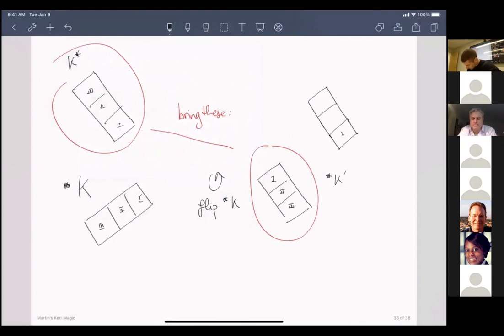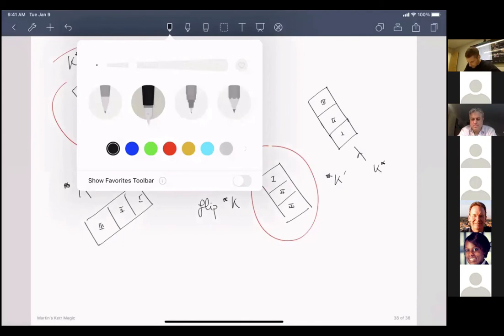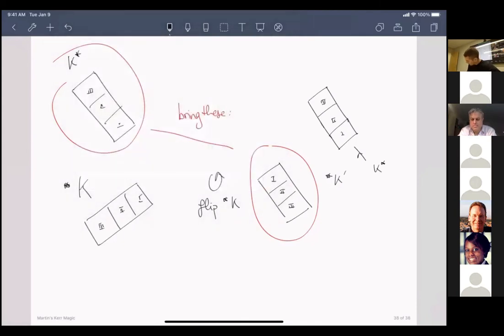So 1, 2, 3. This is Kerr star. Okay. And then you see, I take my flipped star Kerr prime. And then I can find a bigger space-time, which contains the two as follows.